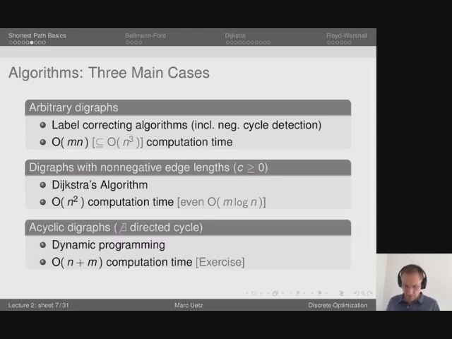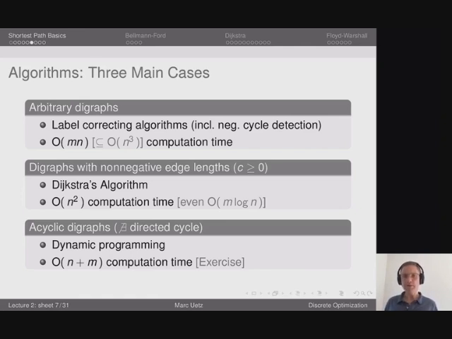Even faster, shortest paths can be computed even quicker in acyclic directed graphs. So that would be graphs which do not contain any directed cycle. And such graphs can essentially be ordered along the line such that all the edges go from left to right, for instance.